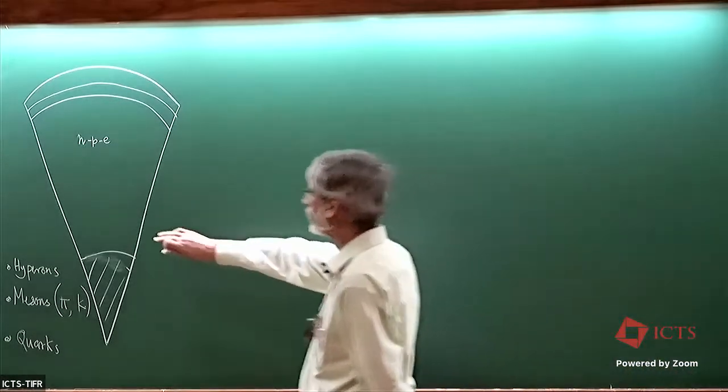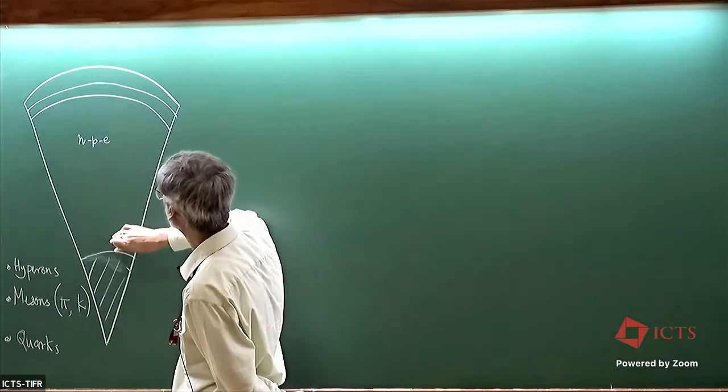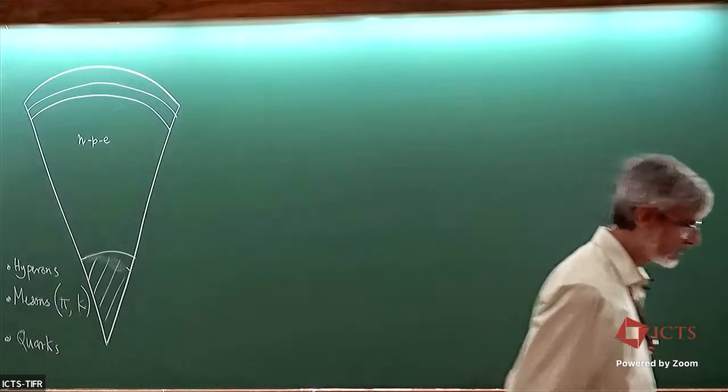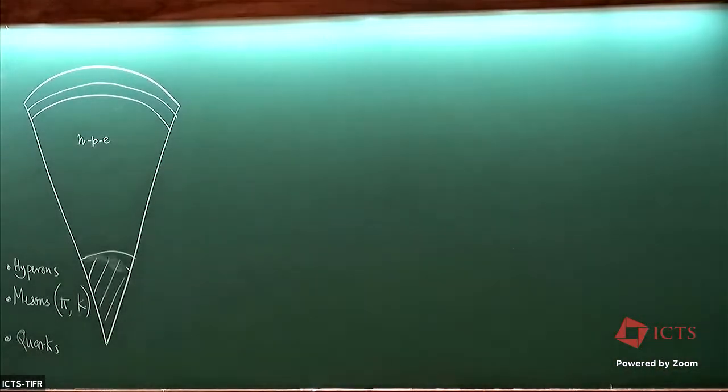Now let's come to what is the state of matter in this neutron, proton, electron sea. As you have already seen, this matter is fully Fermi degenerate.